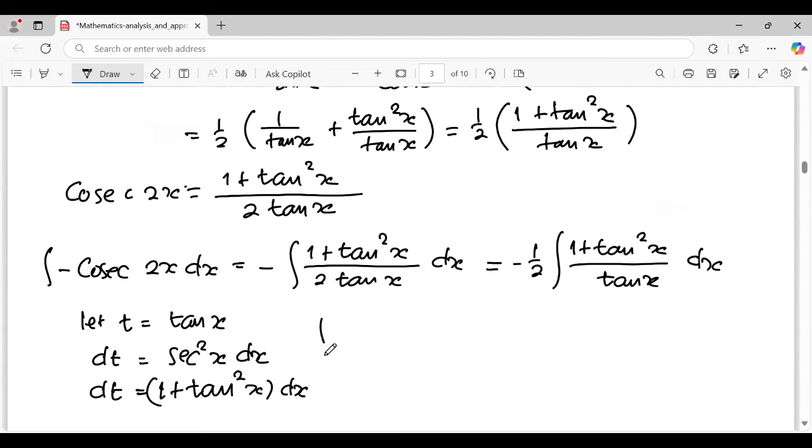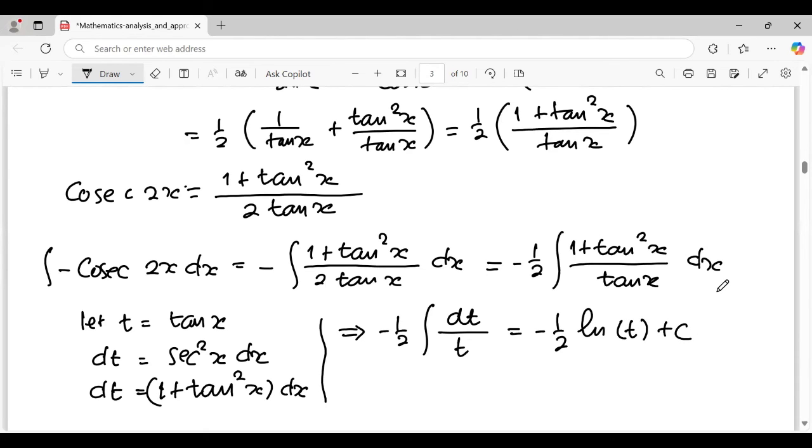So this integral is minus half dt over t, or minus half ln t plus c.